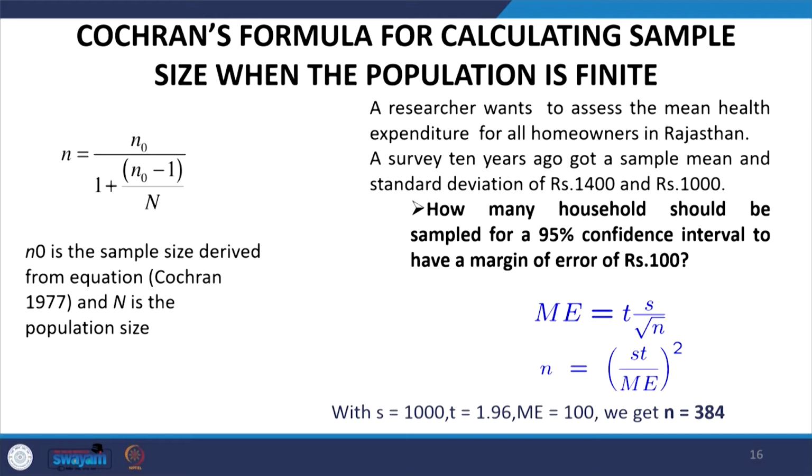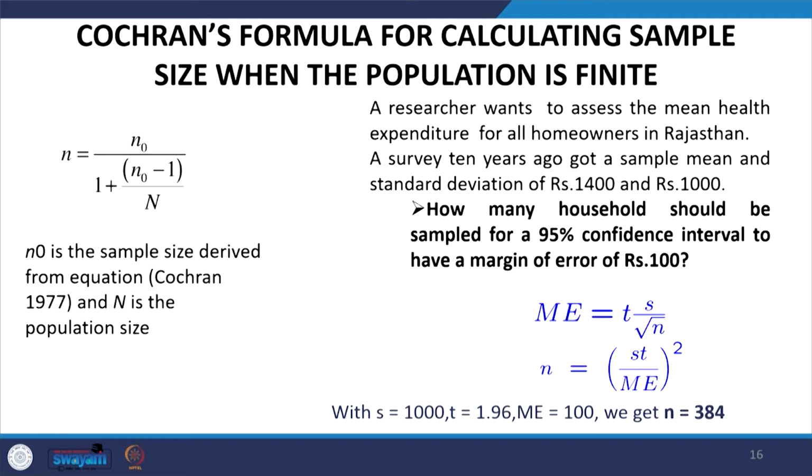How many households should be sampled with a 95% confidence interval to have a margin of error of 100? What is the mean health expenditure, does it vary from 1300 to 1500? We are going to find out.